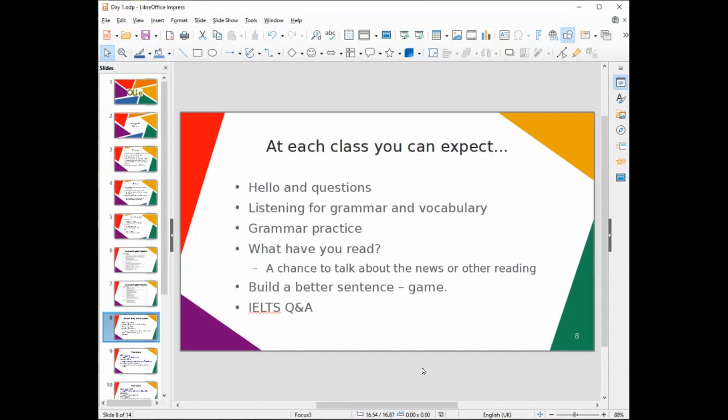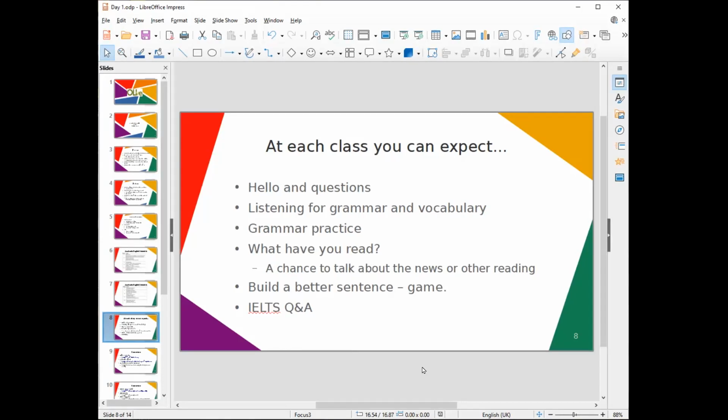And then we will do a game or an activity that will bring together the grammar and vocabulary that we've learned at the beginning. And at the end, we will talk about the application of all of these things to the IELTS for those who are preparing for that. Okay.